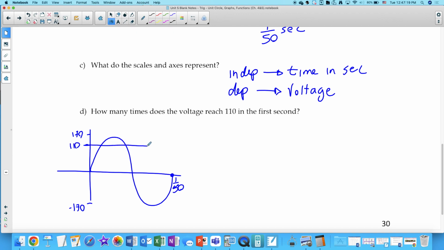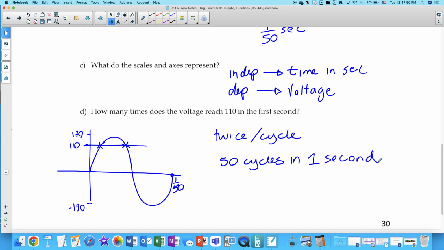So how many times does it hit 110 in one cycle? 2 times per cycle. So twice per cycle. How many cycles in 1 second? 50 cycles in 1 second. Right? So the number of times it's going to hit 110 is actually 100 in the first second.